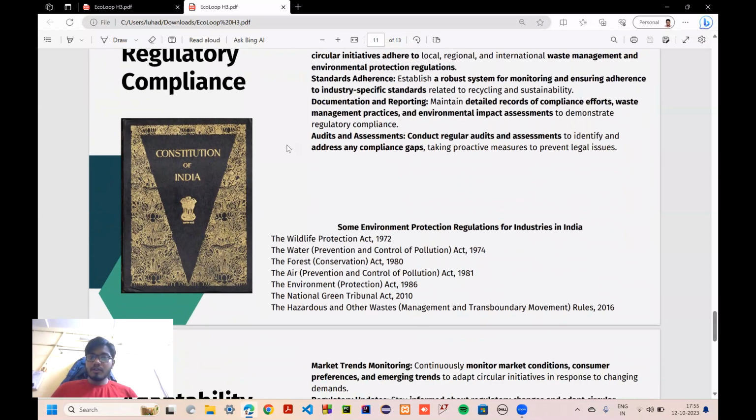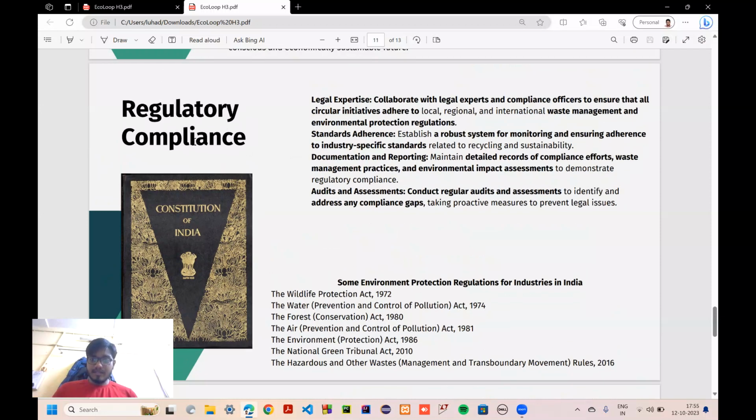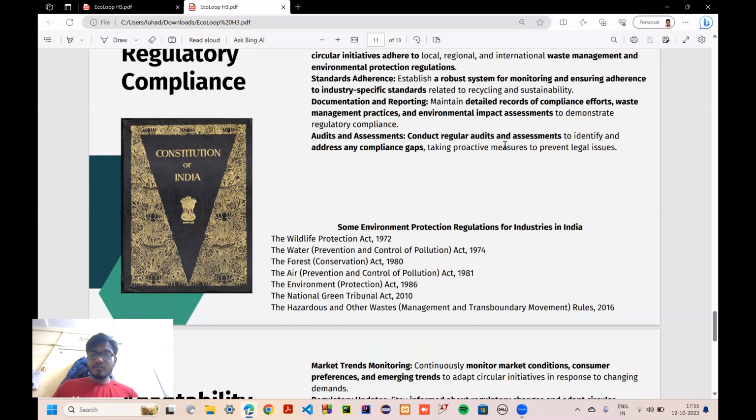So we come to the point, regulatory compliance. What does this mean? Regulatory compliance includes legal expertise and standards adherence. These are basically a set of rules and regulations that any operational firm has to follow. For example, conducting regular audits and assessments to identify and address any compliance gaps, taking proactive measures to prevent legal issues.